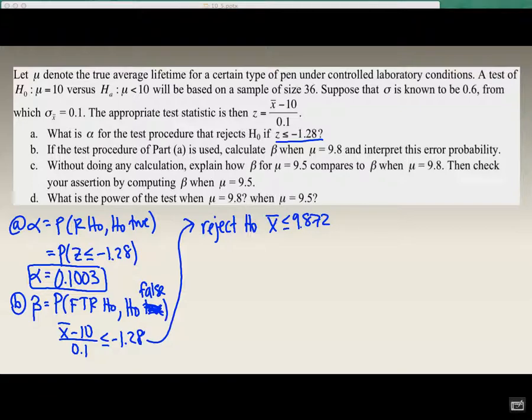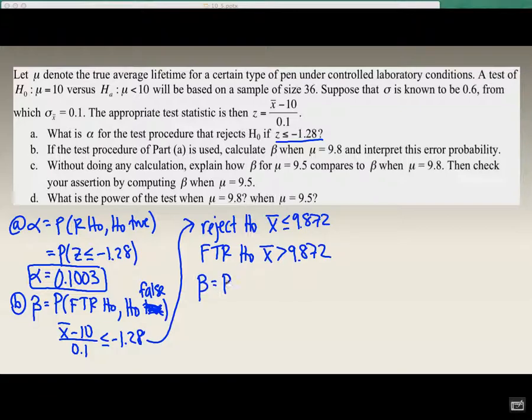Okay, the reason we need this is this will tell us when we fail to reject. So we're going to fail to reject the null when x bar is greater than 9.872. Okay, so beta is the probability of failing to reject the null.